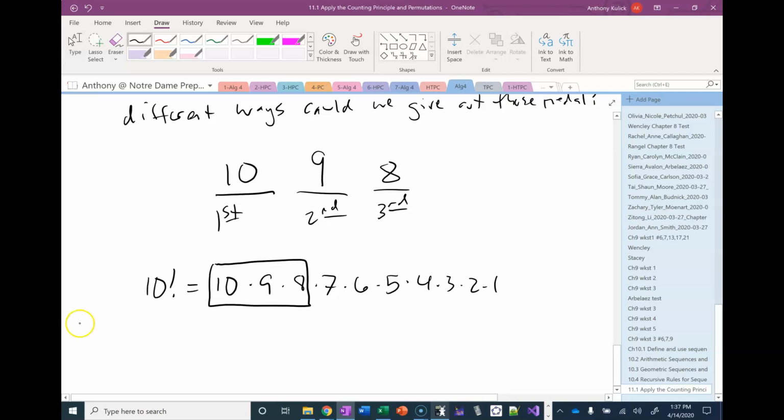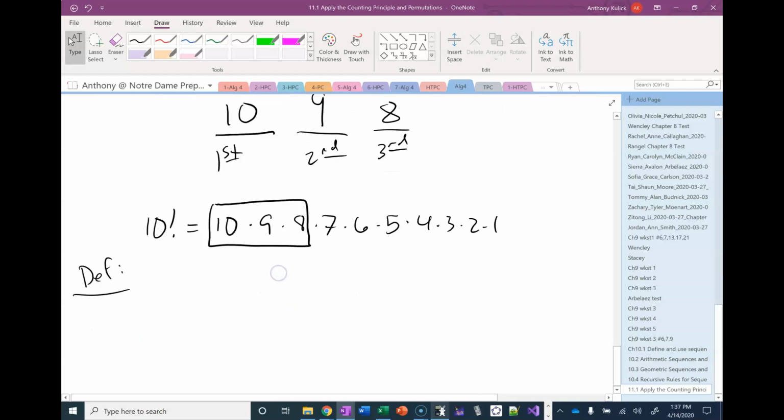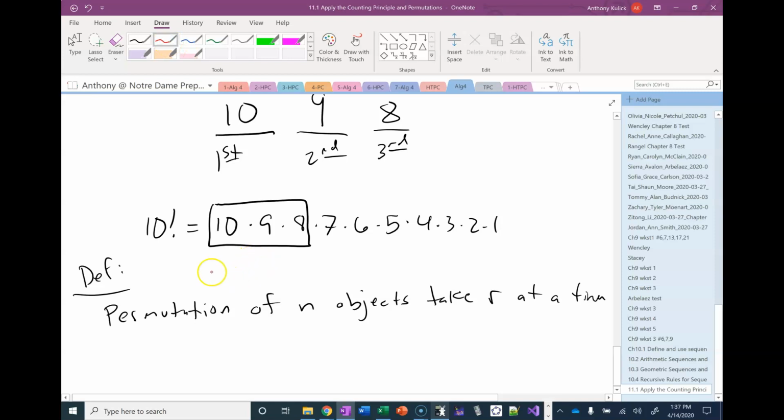So we say that this is a permutation because we're talking about how many different ways we can order something of n objects taken r at a time. So in this previous example, we had 10 objects taken 3 at a time because there were 3 places.